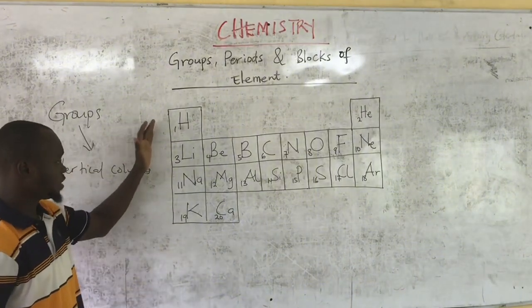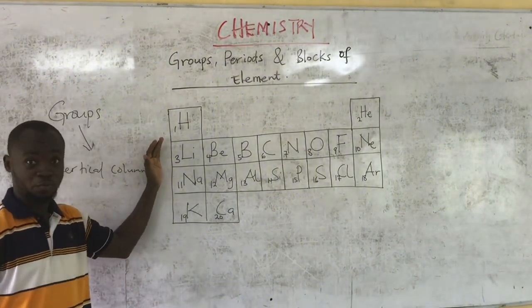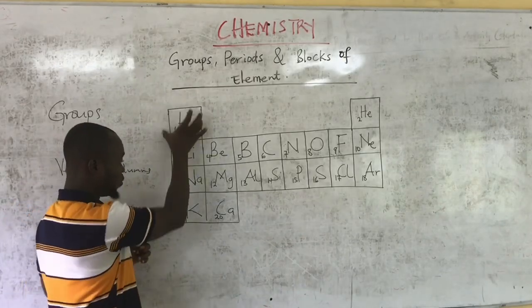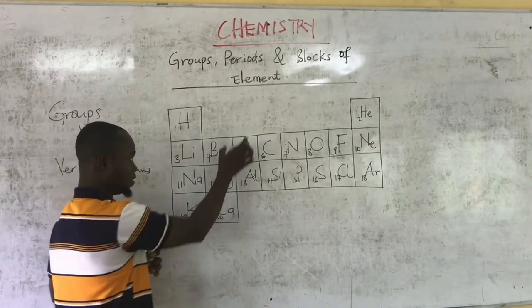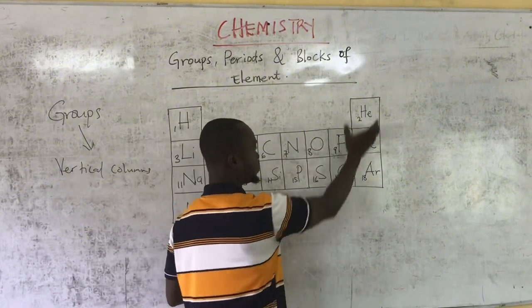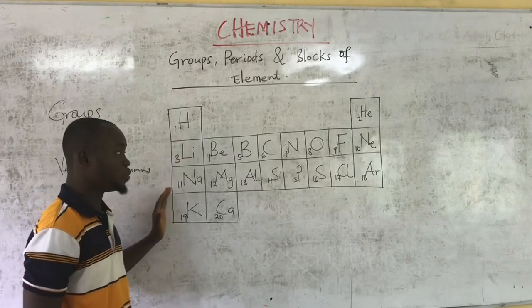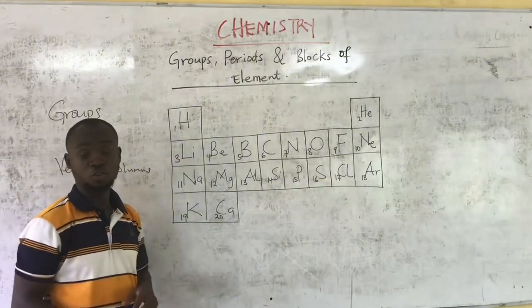This is a sketched first 20 element periodic table. I have some vertical columns here on the diagram on the board. The vertical arrangement of elements on the periodic table represents the groups of elements.